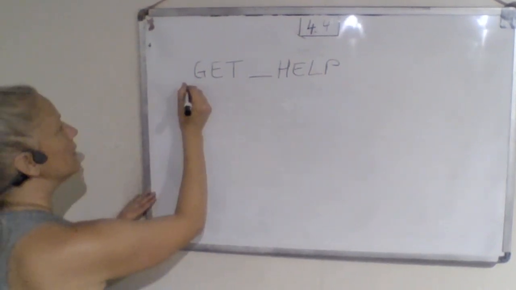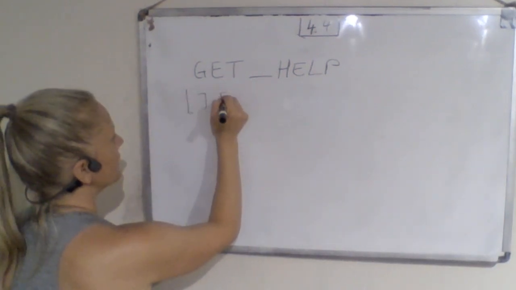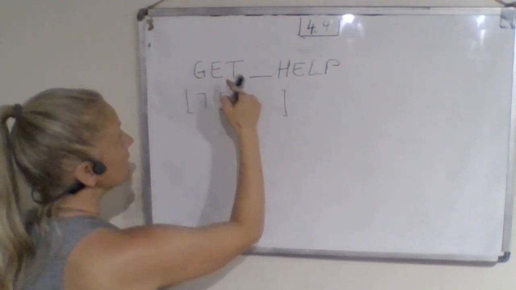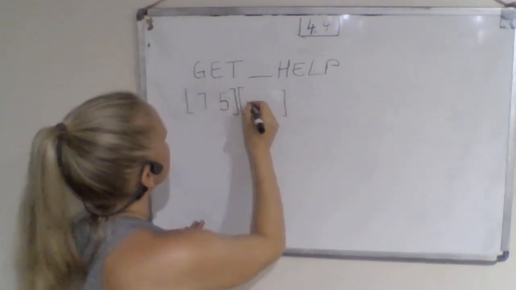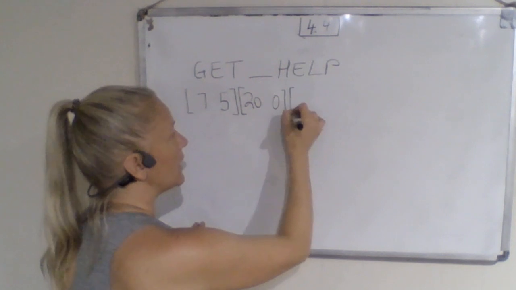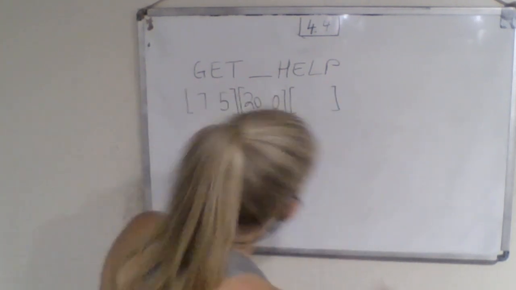Well, GE. G is, if I look over there, 7, E is 5. I get 7, 5. What's my next matrix? T and blank. That blank counts for something, okay? T stands for 20. Blank gets a value of 0. H and E. H is 8.